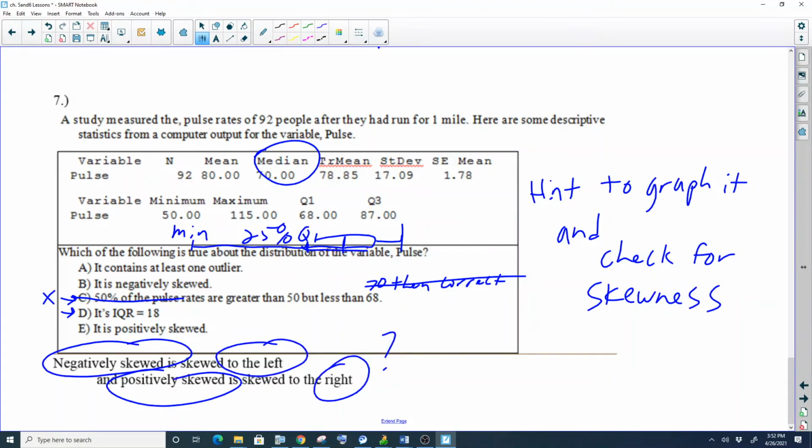So it's one of those two. Because if you do the outlier rule, I don't think you find any outliers. Maybe double check, do the outlier rule. And the IQR, we could check that really quick. The IQR is 87 minus 68, and 87 minus 68 is 19, not 18. So it's either A, B, or E. Hope that helps narrow that down for you.